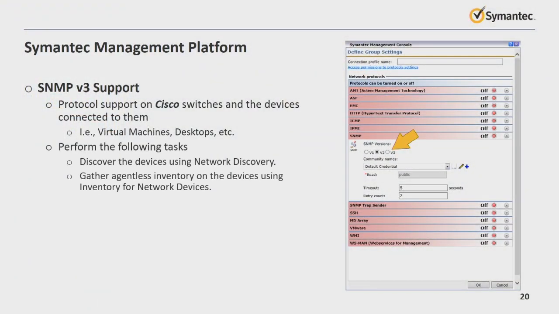Okay, so it will discover items beyond it using v3 support. Okay, so again, it's used for discovering devices using the network discovery protocol. Okay, and it'll gather agentless inventory of anything connected to the Cisco device. Okay, and that's the key right here, is make sure you know it is for Cisco devices.